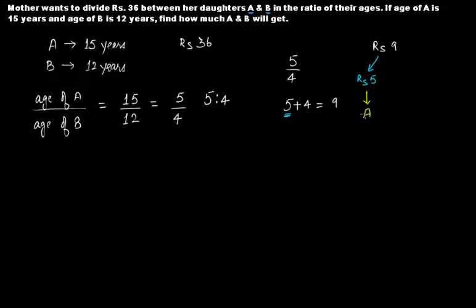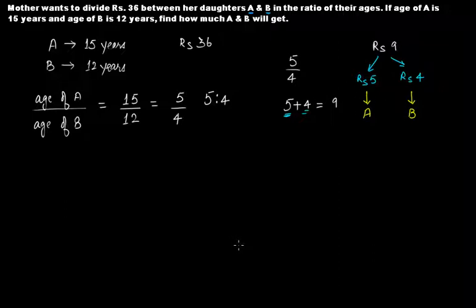Therefore rupees 5 will be for A, and another 4 parts, that is rupees 4, will be of the daughter B. So in rupees 9, rupees 5 will be of A and rupees 4 will be of B.